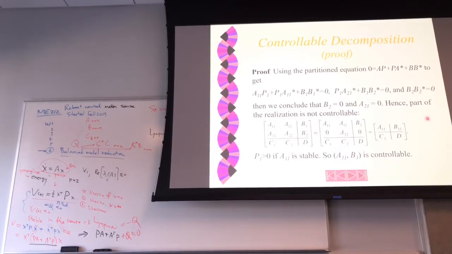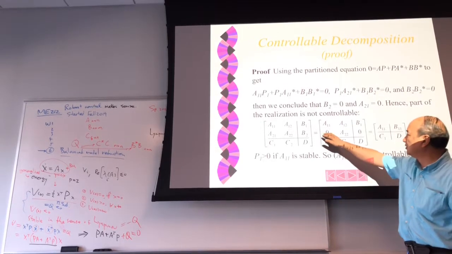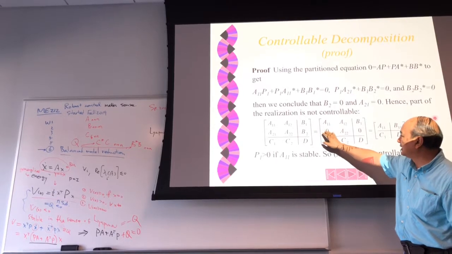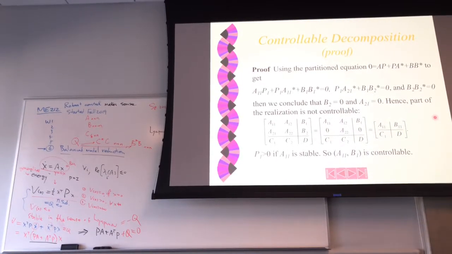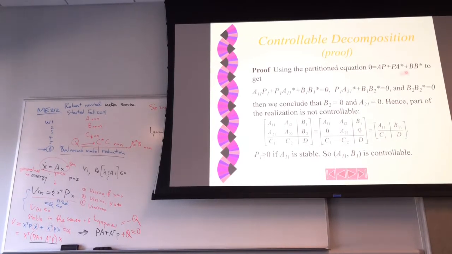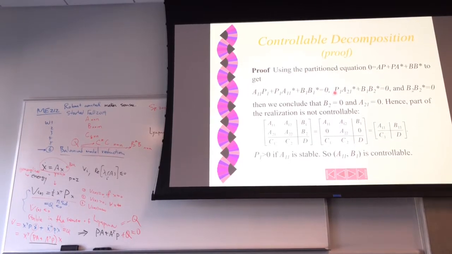That's not very hard, okay? One of the ideas we use here is to make this one 0 first, okay? And make this one 0. Because of the partition of this equation, the Lyapunov equation, you can do a partition, put the P in here, and these are zeros.